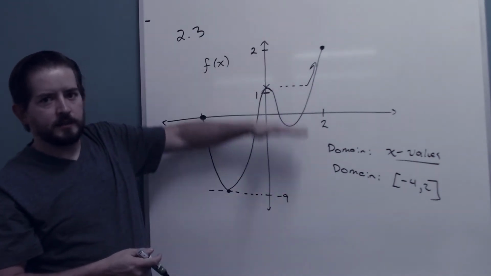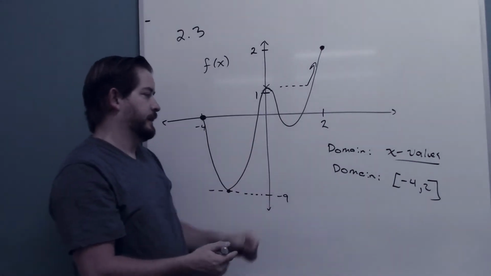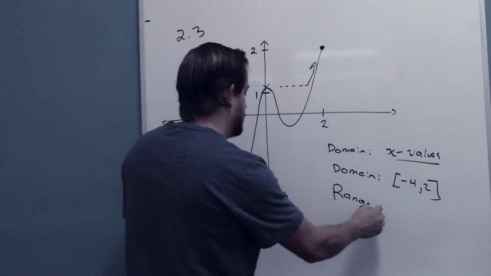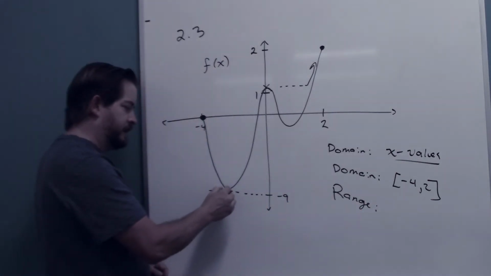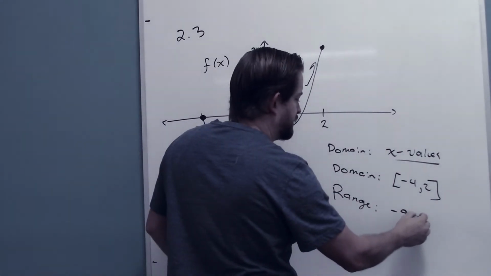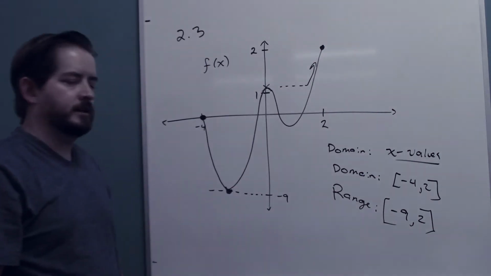It's all of these numbers in here, they're a valid output, right? So the range here, this goes all the way down to -9, and this goes all the way up to 2, so it's -9 to 2, bracketed, and that's my range, right?